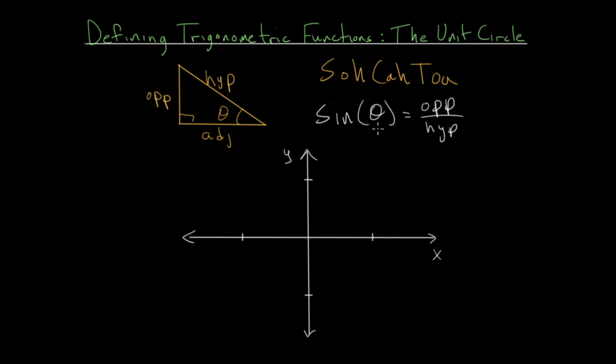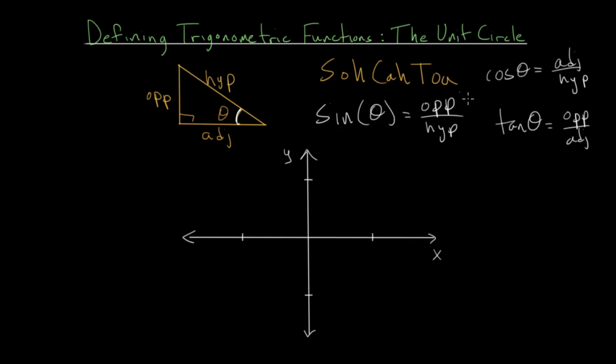So this angle theta, that is this angle right here, when we plug it into the sine function, is equal to the ratio of the side across from the angle divided by the long side of the right triangle, which we call the hypotenuse. Similarly, we have the cosine of the angle, that's equal to the ratio of the adjacent divided by the hypotenuse, and the tangent of the angle is the ratio of the opposite divided by the adjacent.